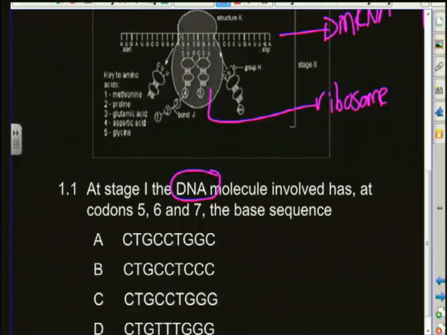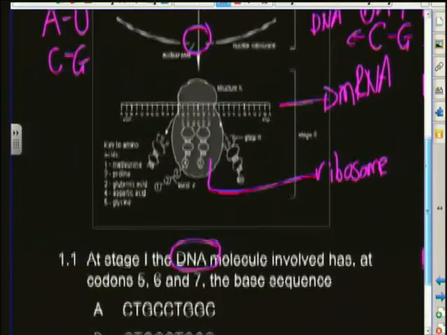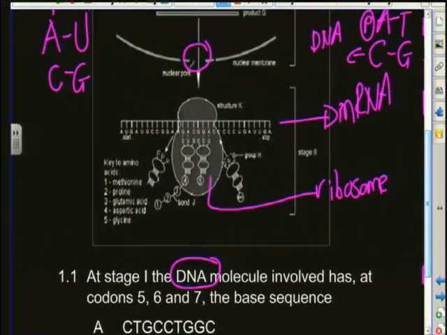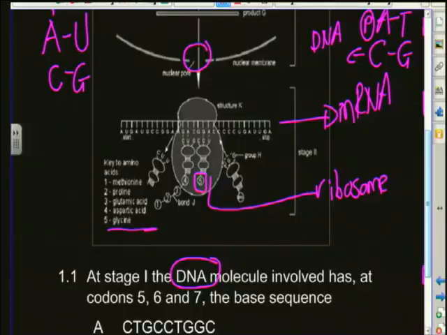I gave this to my matrics, and what was tricky is as soon as they saw this question, they honed in on this number 5 over here. That is not codon 5, 6, and 7. That is amino acid number 5.